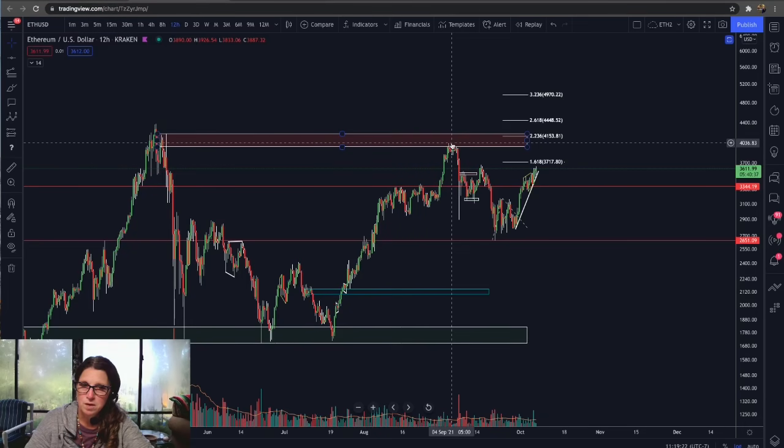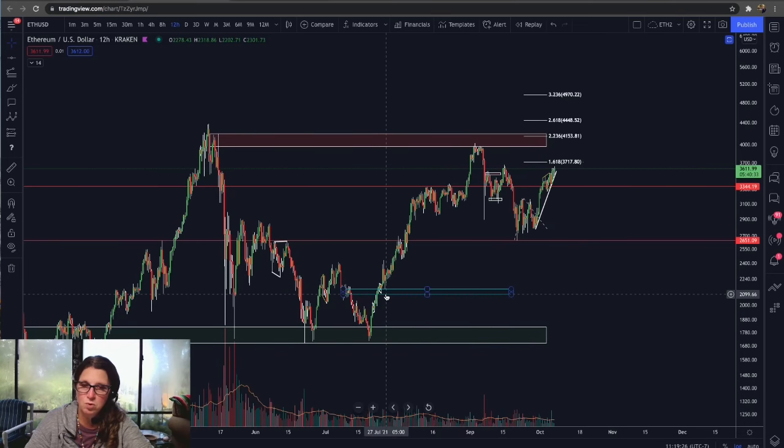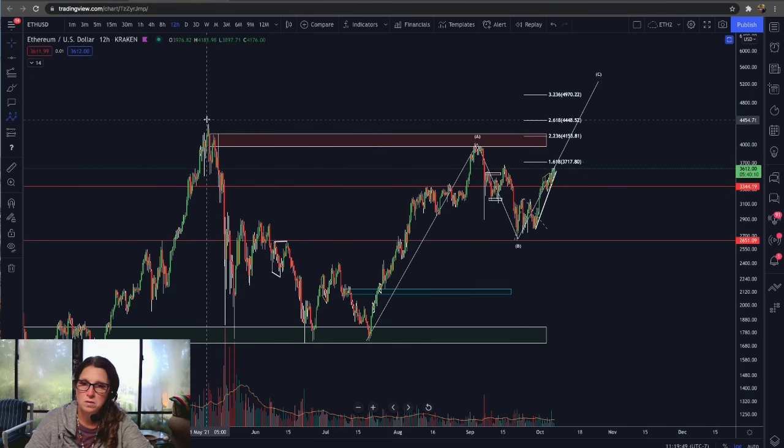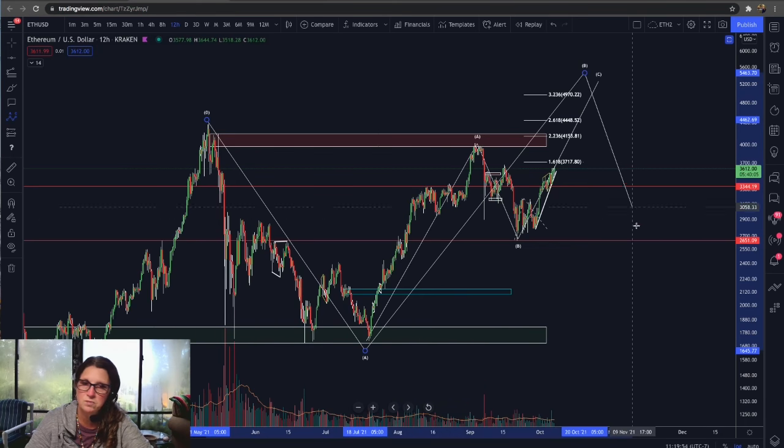Okay, so same scenarios are on the table as Bitcoin, where we can still make the A, B, C to the upside that comes up into that expanded B pocket. And then this is A, B, C. Same thing is on the table.